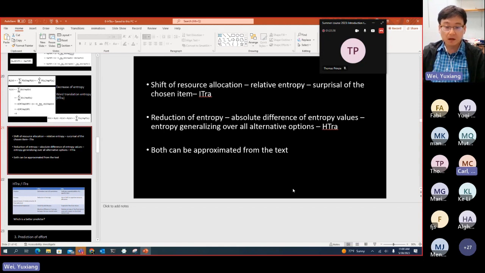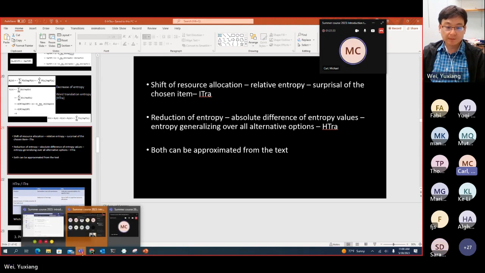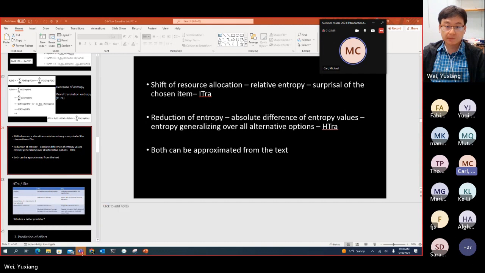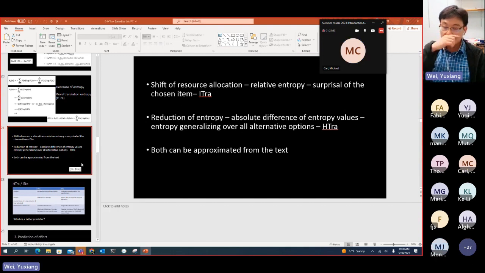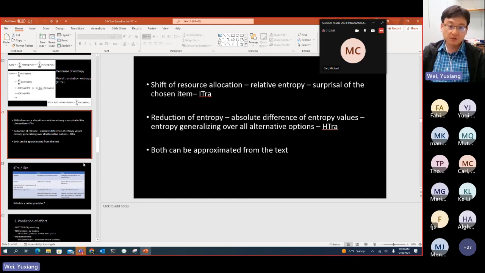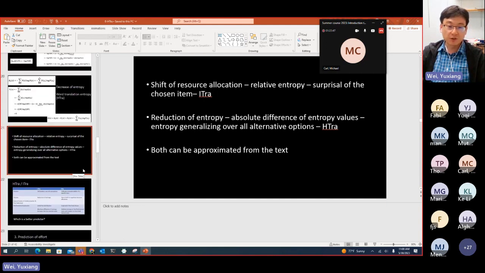Yes. Can you say in what sense, what does it mean, shift of resource allocation? In what sense is this shifted? What is shifted there? So I think this has to do with serial versus parallel processing, right? If we assume that all these items are processed at the same time, then there would be a distribution of the resource, right?